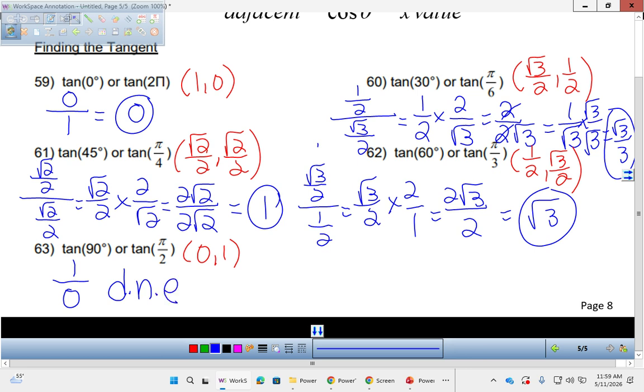Does not exist. There is no such thing as the tangent of 90. If you had a calculator and you typed in tangent of 90, you'd get an error. You can't take the tangent at 90 degrees. I'm just abbreviating it: does not exist. If you want to write error, fine, that works.